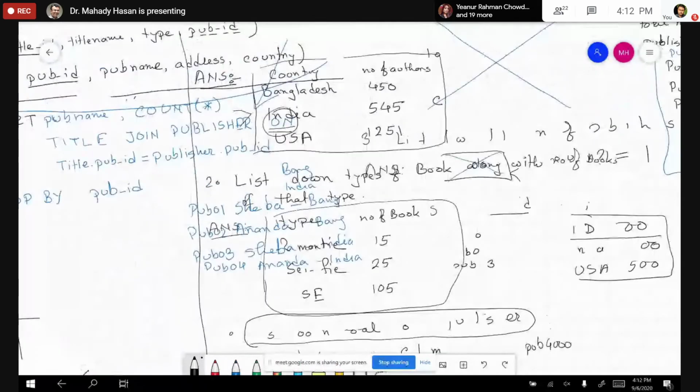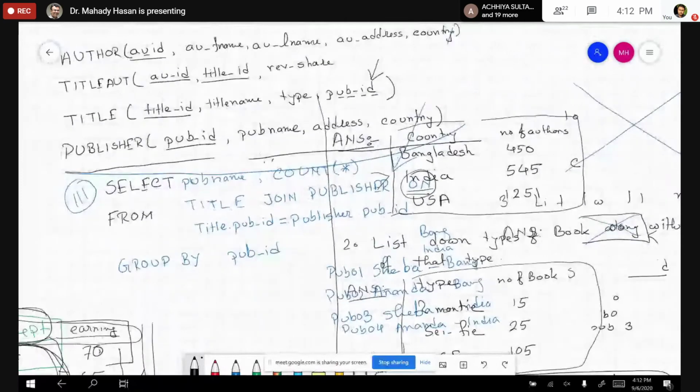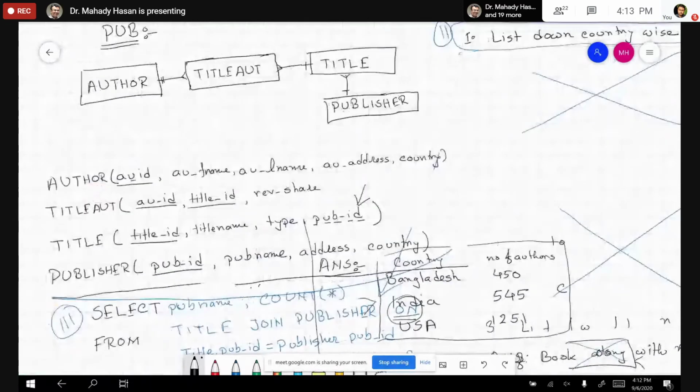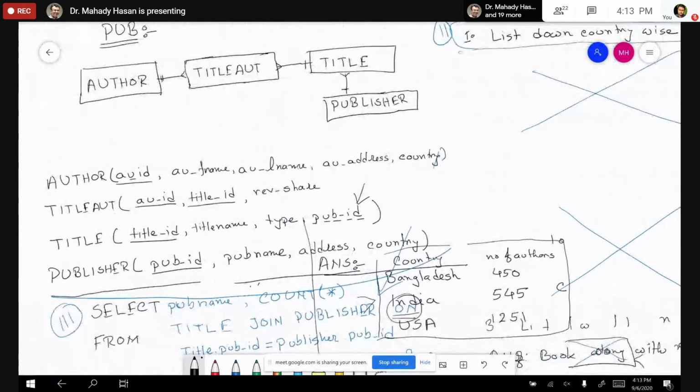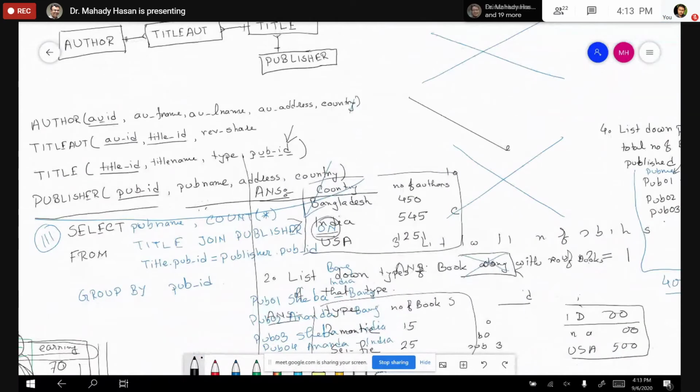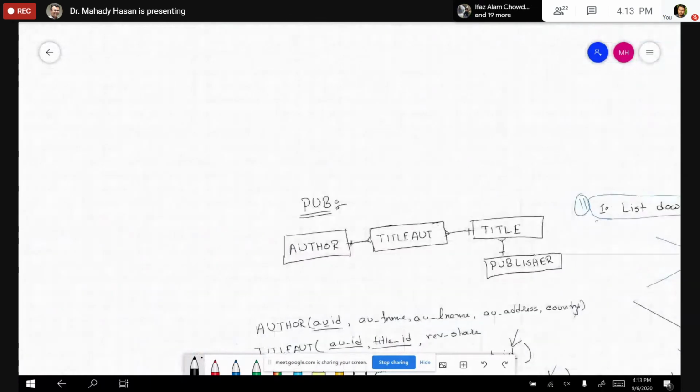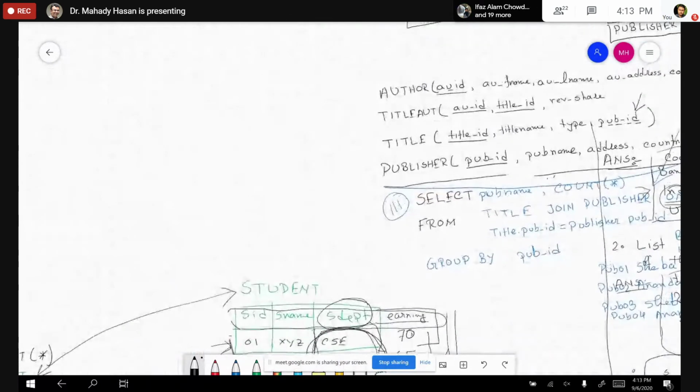So in this case, now if we want to get these things going, we can simply say that we have this data: select from where.